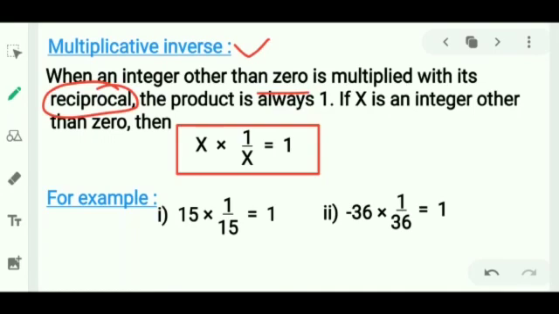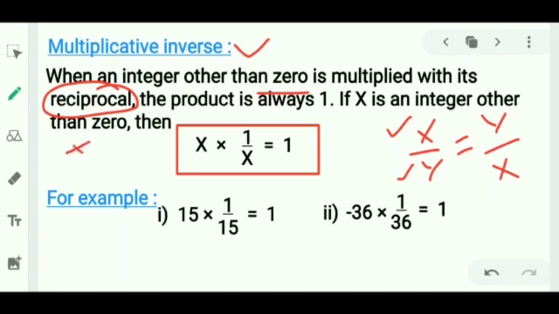Even if we take any rational number, any fraction x upon y, you know that x is called the numerator and y is called the denominator. If we invert it, if we take y upon x, then it becomes its reciprocal.